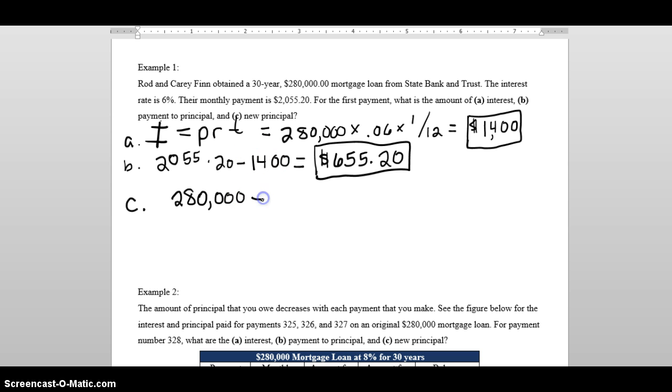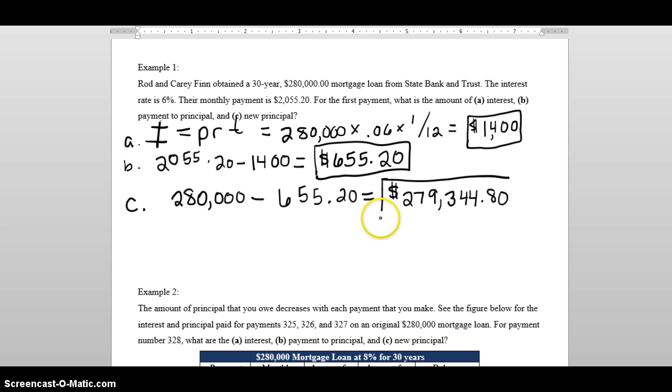And we're going to subtract the payment to principal, which was $655.20, which means that our new principal or new balance is going to be $279,344.80. Once again, these are just like the formulas when we used auto loans.